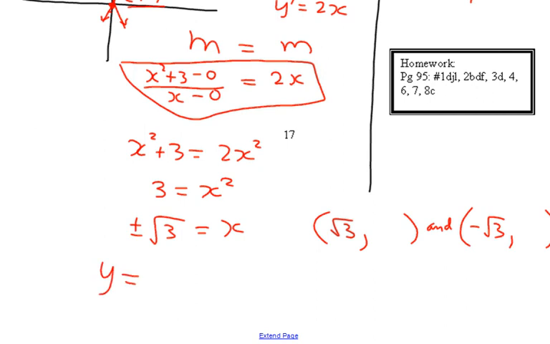So for the y-coordinate, we simply plug in the x-coordinate. We add 3. It's 6. How many are looking at 6 for both of those? Okay. And you can see it would be very easy now to find the tangent lines, wouldn't it? They didn't ask for the tangent lines, but it'd be so easy to find them. Okay?